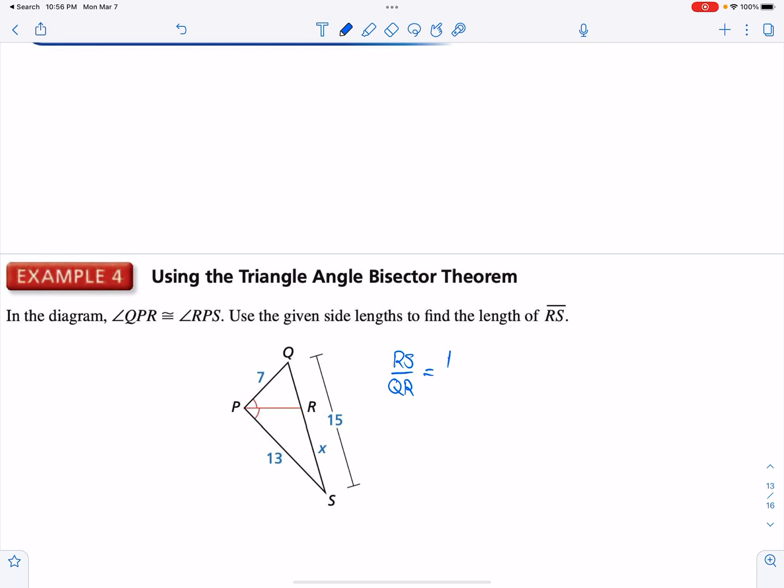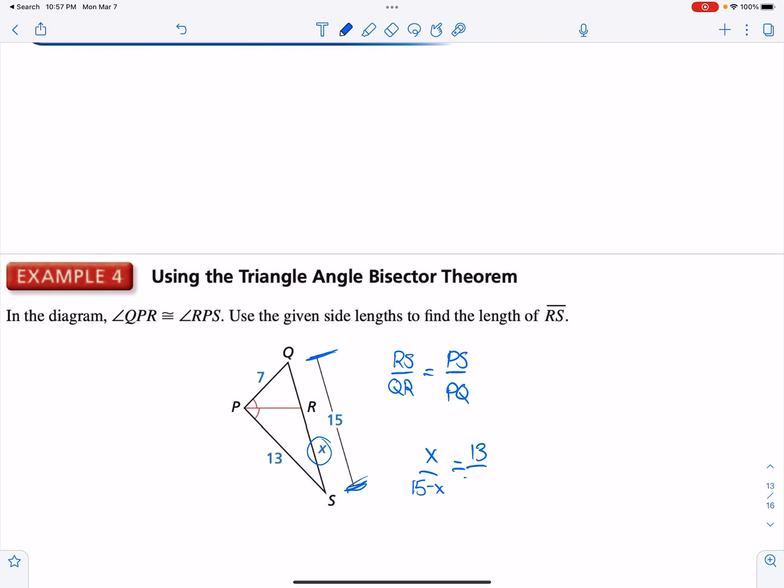Before we plug in numbers, we'll call it PS over PQ. So side adjacent to X, side adjacent to QR on the other side. So now when I go to plug this in, RS is easy to plug in for. QR, we have kind of an issue here because we know the whole thing is 15, and we only know what this is, it's X. So we have to call this 15 minus X. Okay, we know what PS is, that's 13.